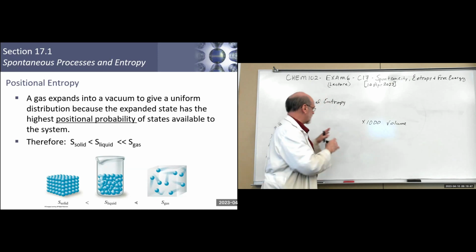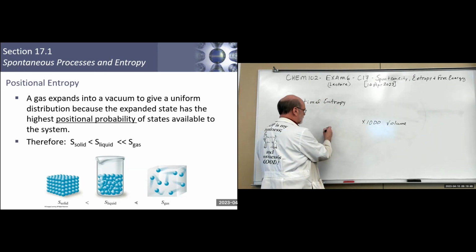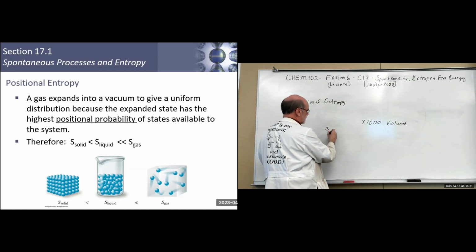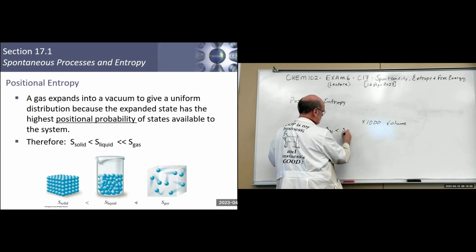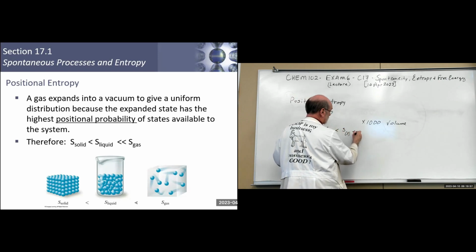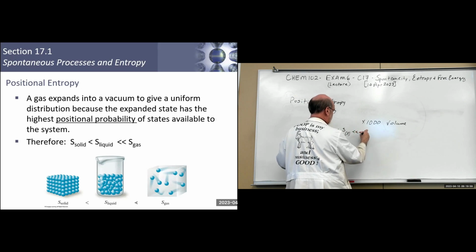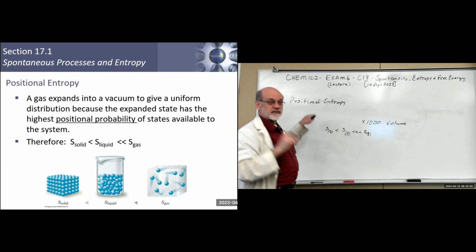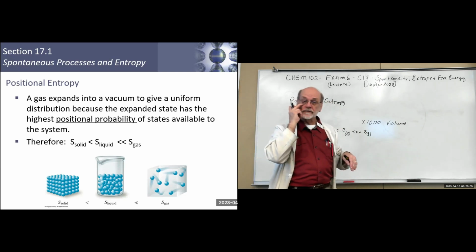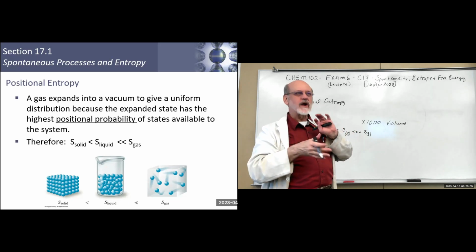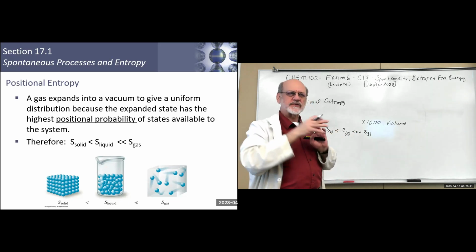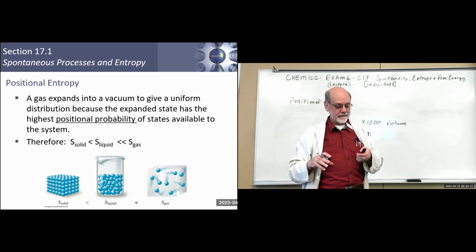So we're saying that the entropy of a solid is less than the entropy of a liquid, which is much less than the entropy of a gas in terms of positions of the molecules. Positions, possible locations, or arrangements, that's a better word, possible arrangements that they can occupy.